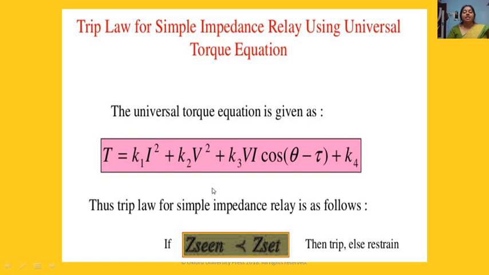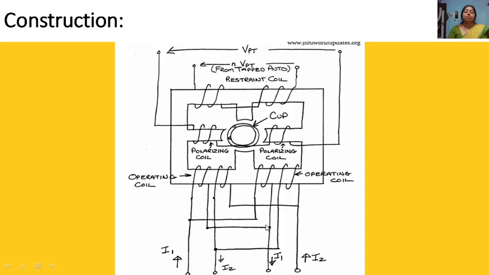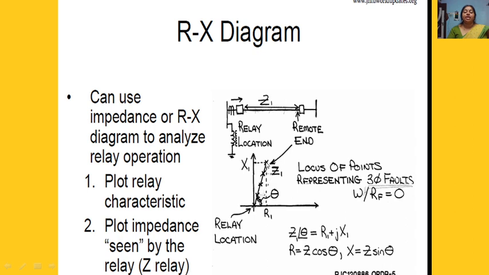In the impedance relay, the trip law, considering this universal torque equation, is Z seen less than Z set. Z set is the set value. Suppose this is our set value. Z seen, fault at this point, that means the fault seen by the relay, if it is less than this set value.